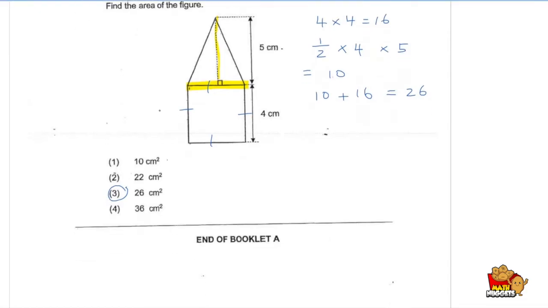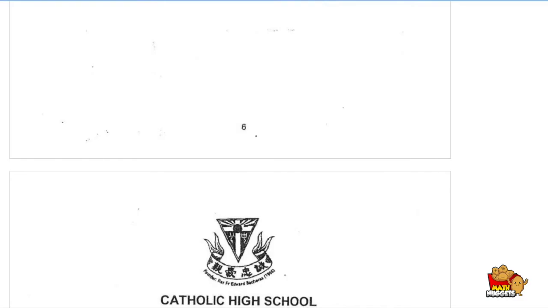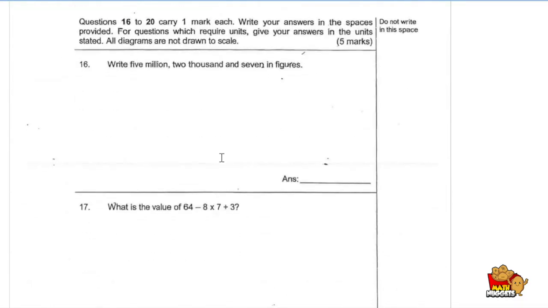Now we move on to section B. Booklet B. Okay, so 5,002,007. 5 million.